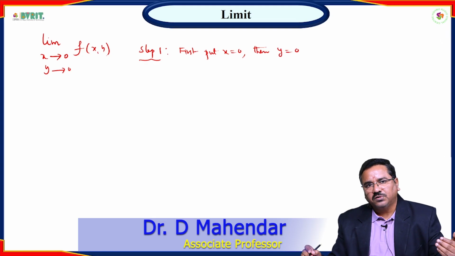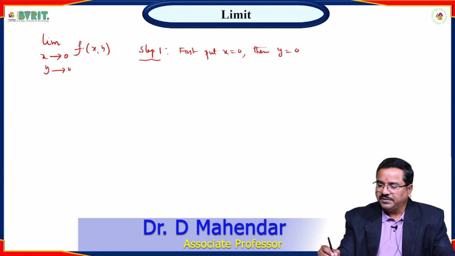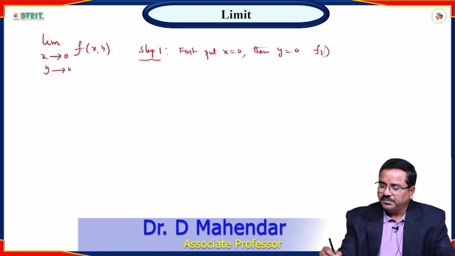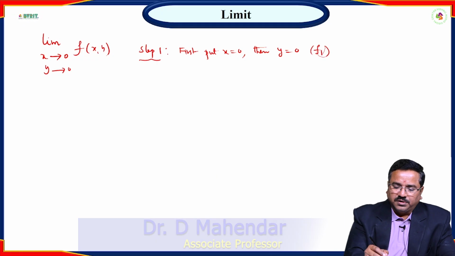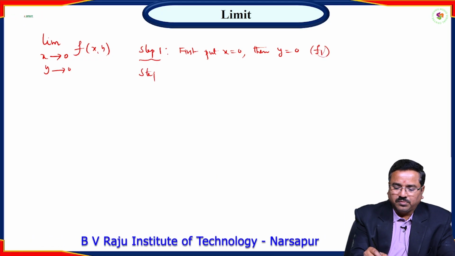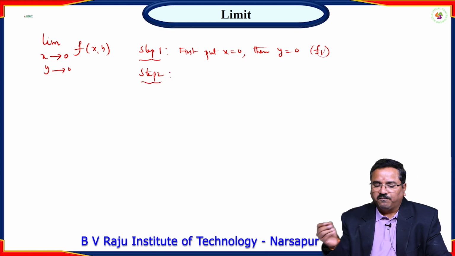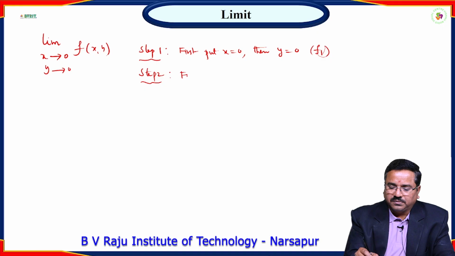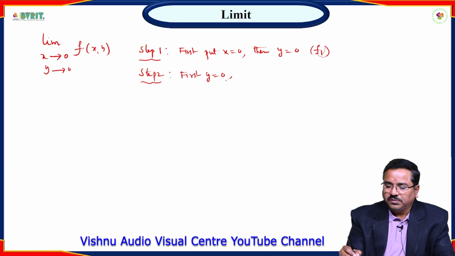First you take x equals 0, and after that y equals 0. Let us say the value is f1. The answer is f1. Step 2: the reverse. First put y equals 0, then x equals 0.